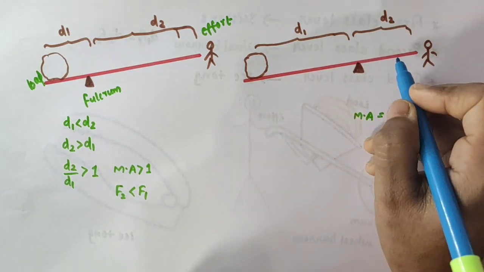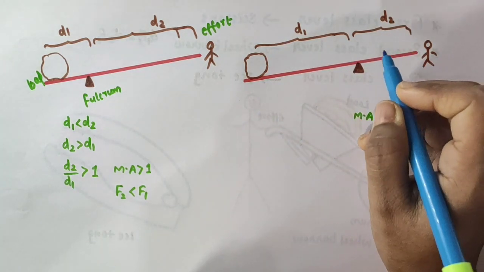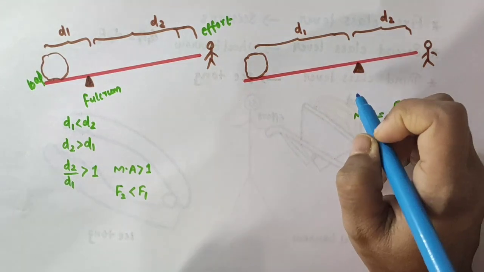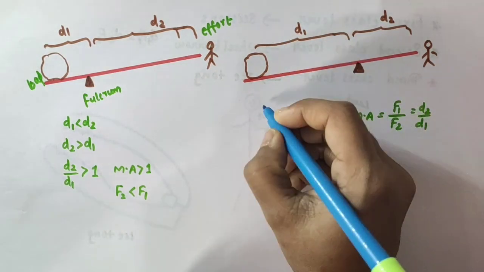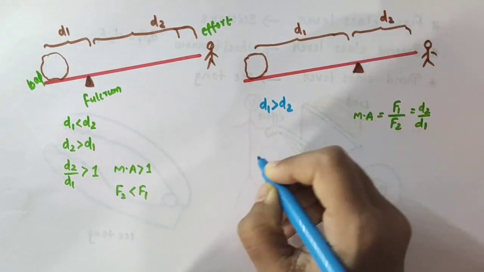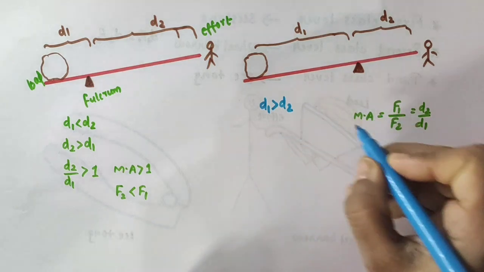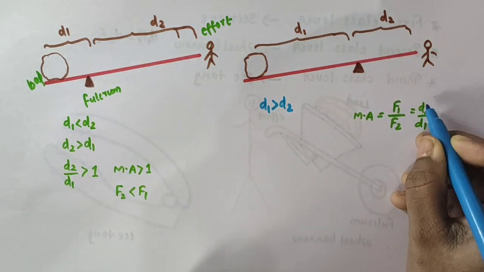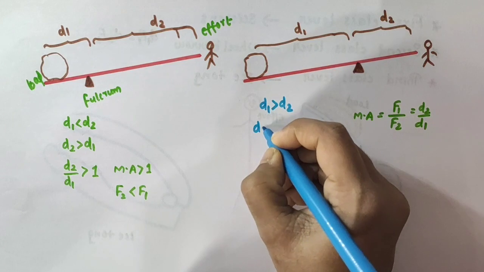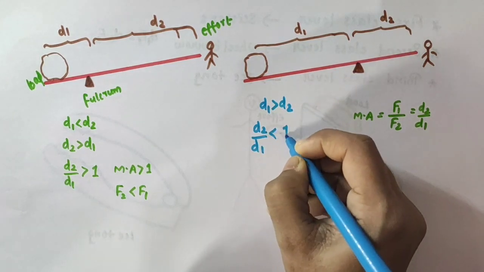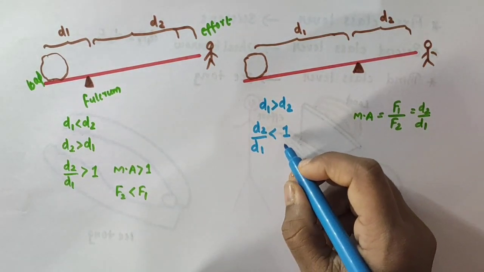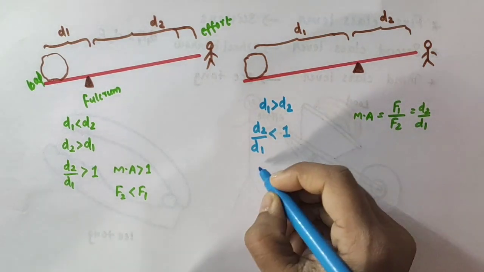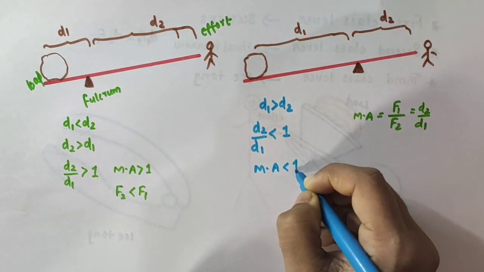That is, a great effort is needed to lift this object in such a situation. In this case, D1 is greater than D2. If D1 is greater than D2, then D2 by D1, that ratio becomes less than 1. D2 by D1 is less than 1 means mechanical advantage is less than 1.